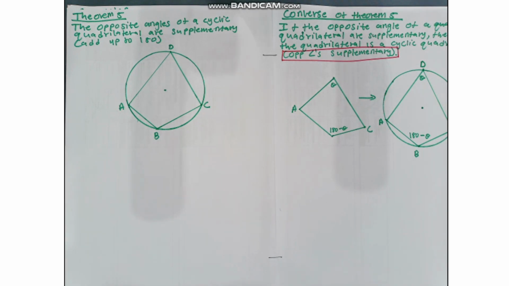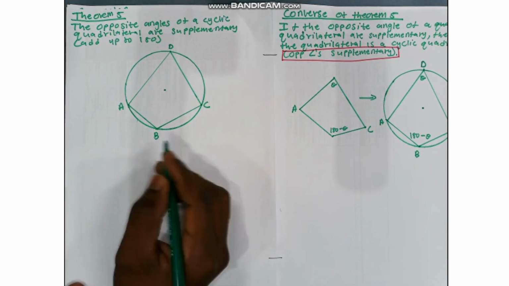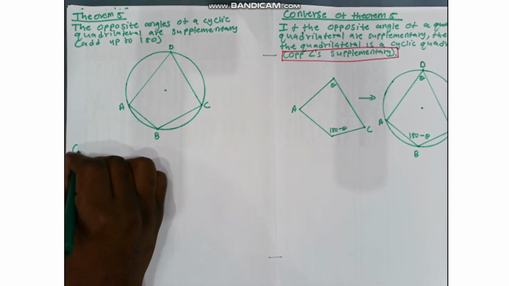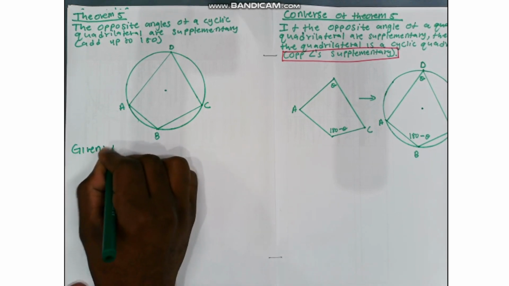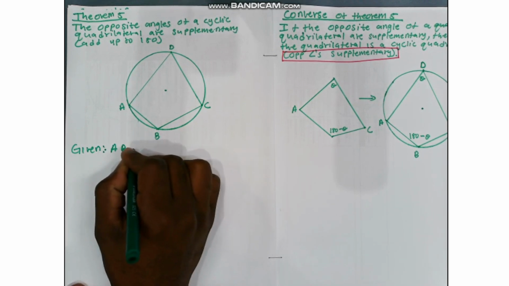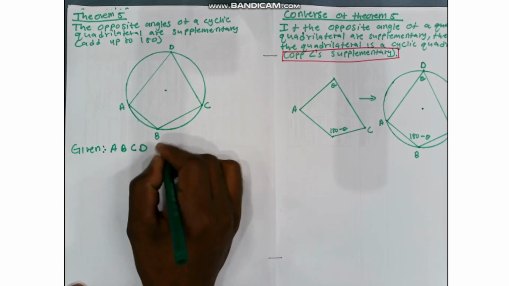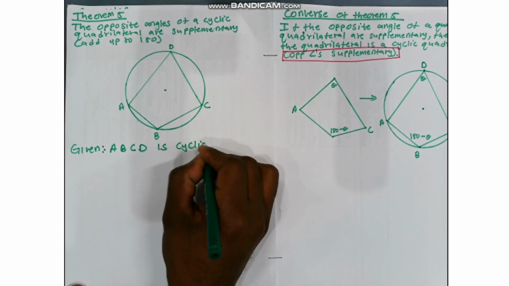So first, when you need to prove this theorem, what is given is that ABCD is a cyclic quad.